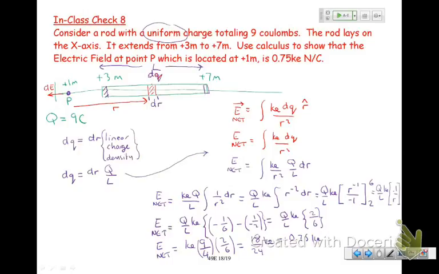And what have I forgotten? Units. What would be newtons per coulomb? So that's the skill.